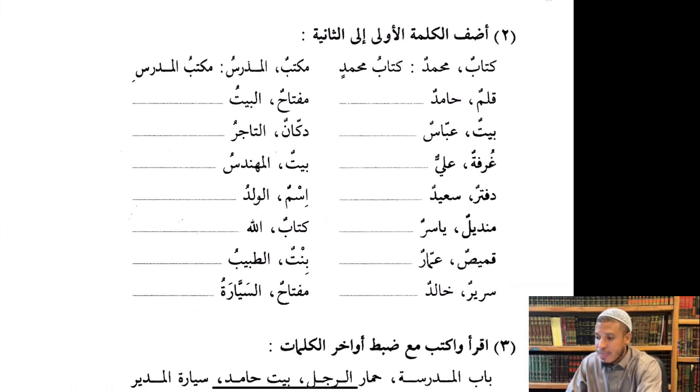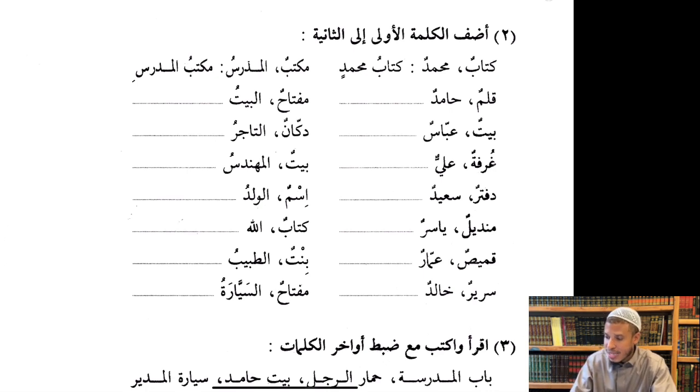أضف الكلمة الأولى إلى الثانية. So we're going to make mudaf ilay constructions in this lesson. I'll give you an example. Kitabun Muhammadun, Kitabu Muhammadin. Maktabun al-mudarrisu, Maktabul mudarrisi, mudaf ilay.